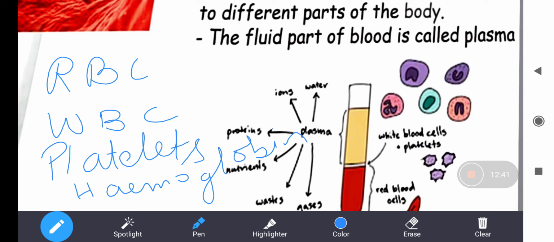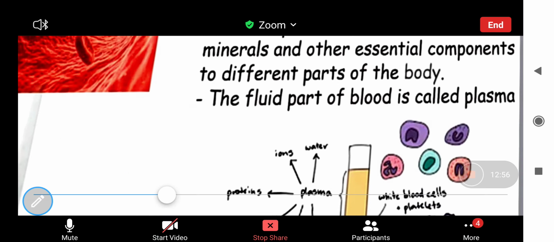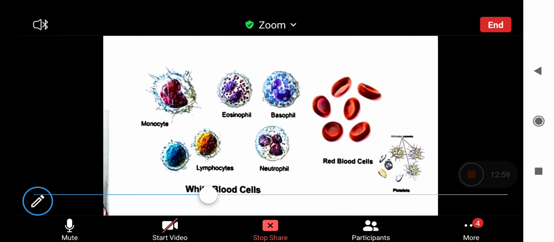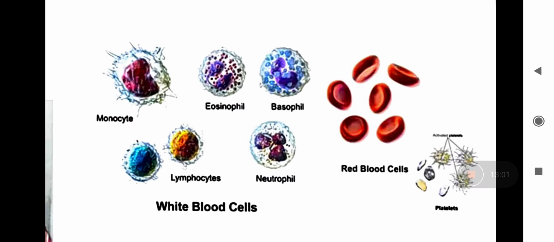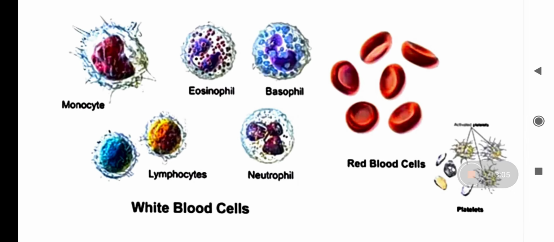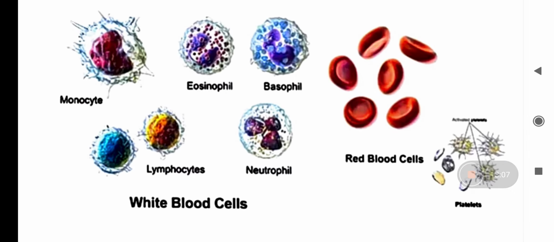It binds with oxygen and transports it to all the parts and cells of the body. The red color of the blood is also due to the presence of hemoglobin, right? Here you can see RBCs, red blood cells, having hemoglobin, carry the oxygen.